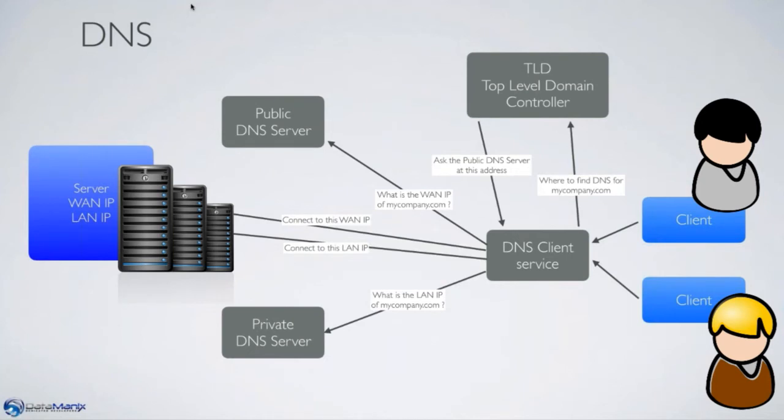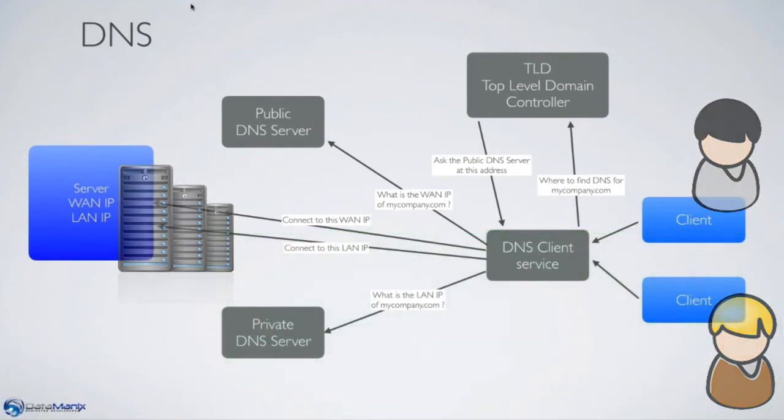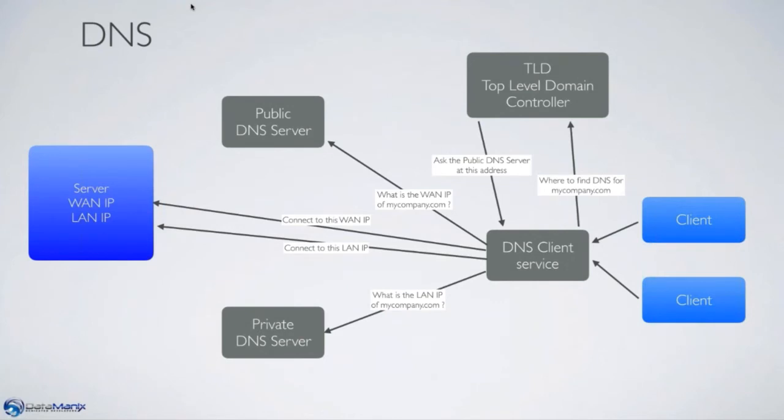So if you're sitting in an office where you have a private DNS server, then you're probably connecting directly via the local IP address and never go out on the internet for that request.